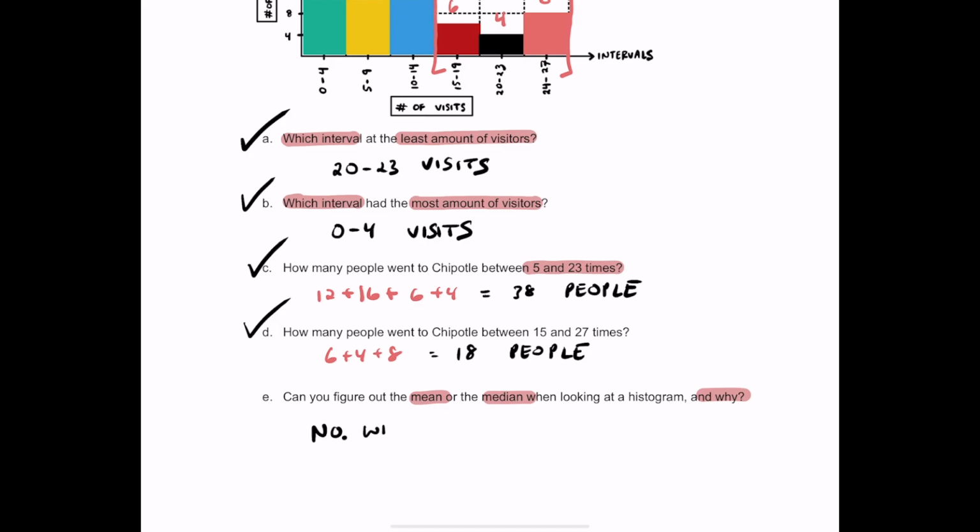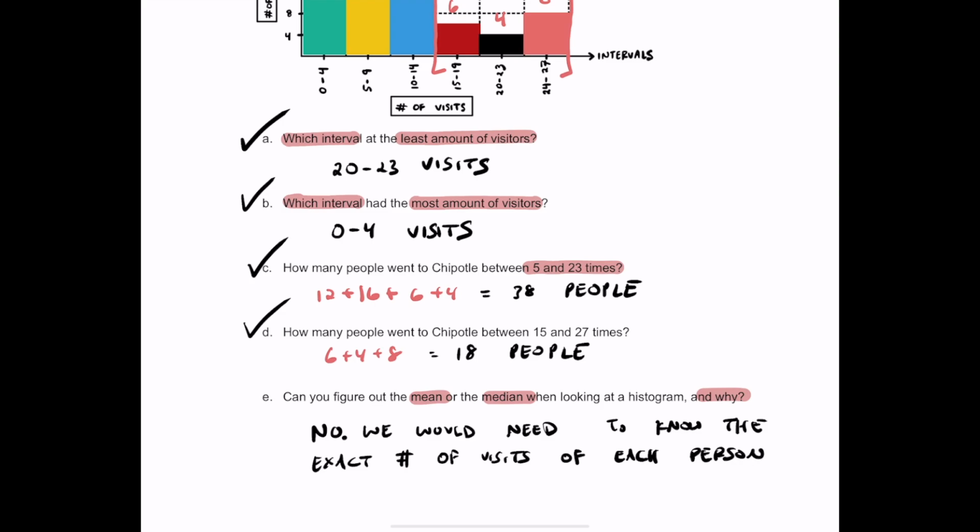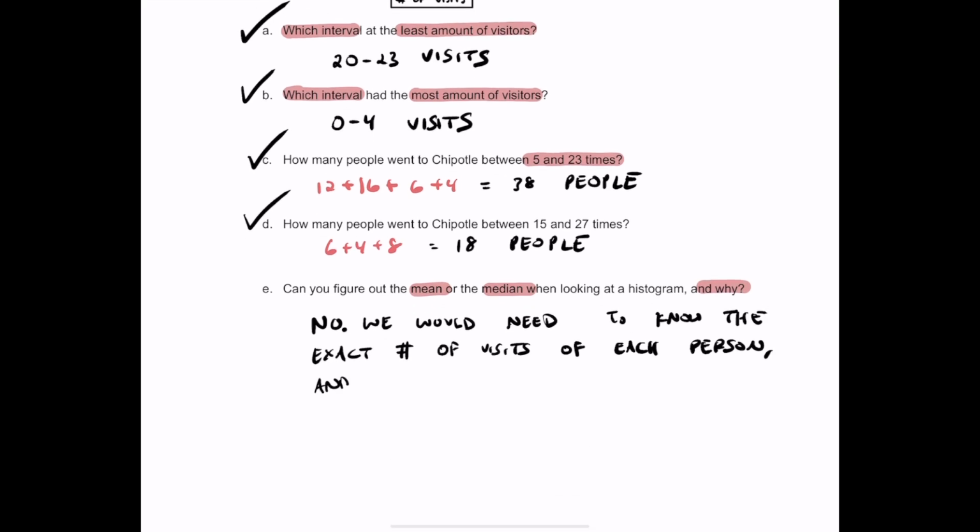So long story short, we would need to know the exact number of visits of each person, and you can't see that information looking at a histogram.